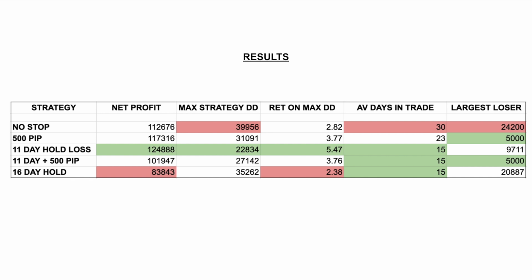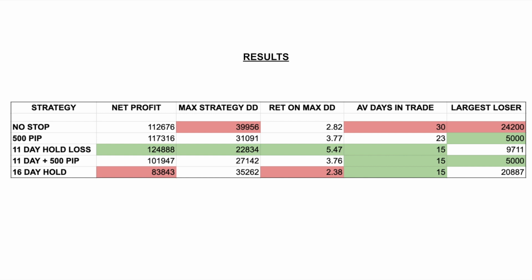First of all, we've got no stop loss, so that's just the stop and reverse exit. That's the only exit we've got, is the entry in the opposite direction. Okay. Then we've got a 500 pip fixed pip stop loss. Now I ran an optimization and 500 pips was about the best one, and we'll see that later on.